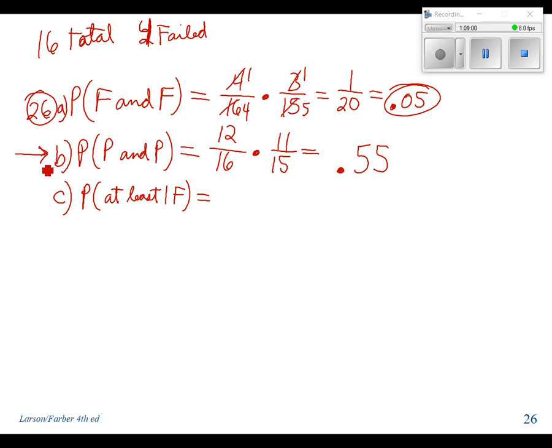If both passed, the only other things that could happen are 1 could fail or both could fail. So how could we find the probability of at least 1? 1 minus 0.55 gives 0.45. So 45% of the time, if we pick 2 at random, at least one of the batteries failed the test.